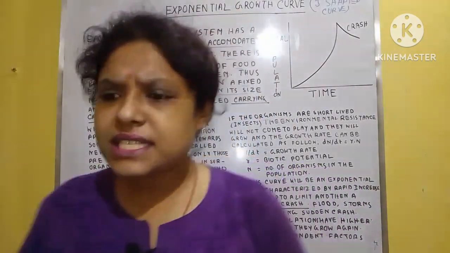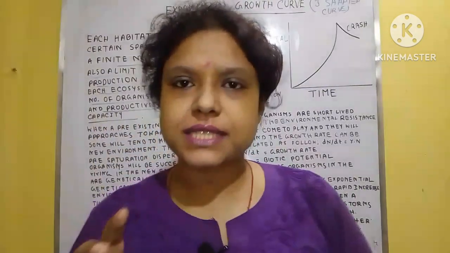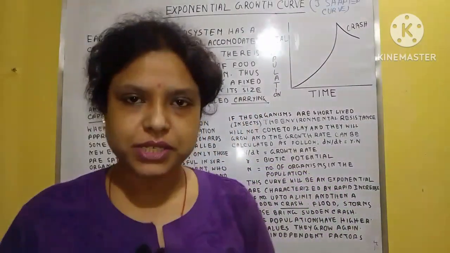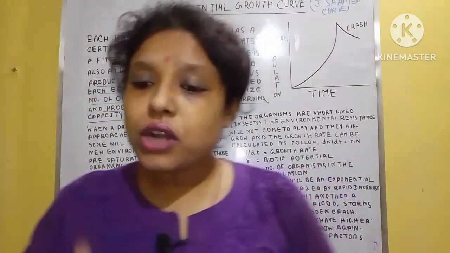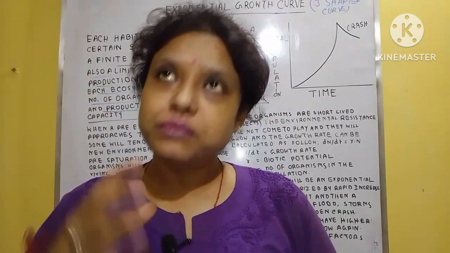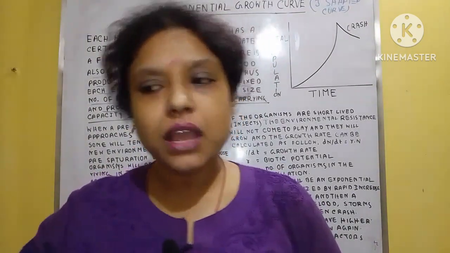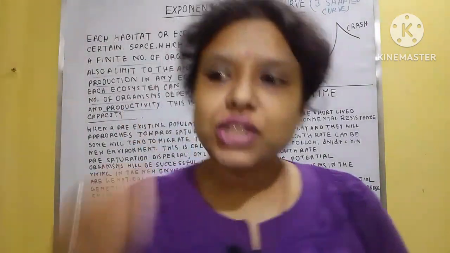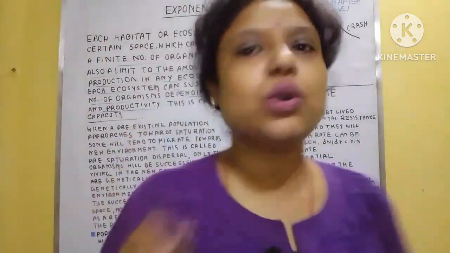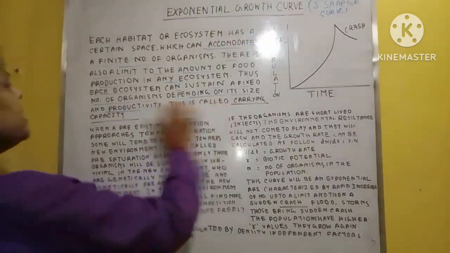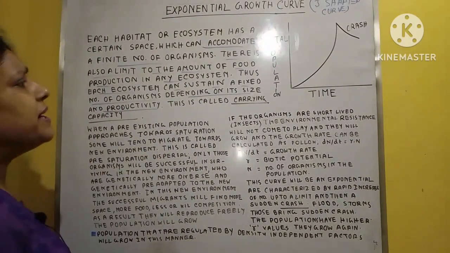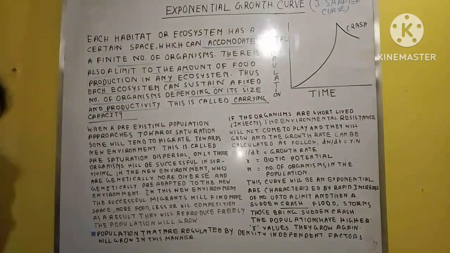That's why nature always tries to fix a limited number of individuals in that habitat, so they can easily fulfill their demands from the resources. Clear? That's why the population is limited, and this is called the carrying capacity.